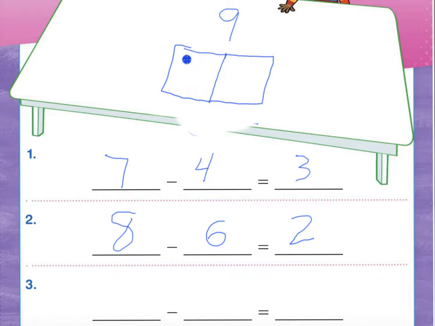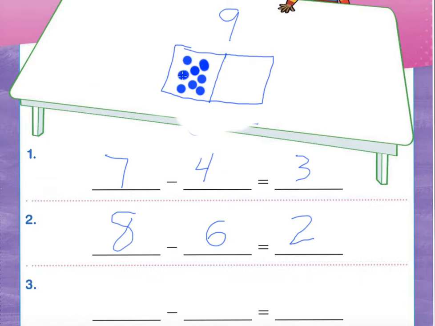Let's make it 8. So 1, 2, 3, 4, 5, 6, 7, 8 dots.